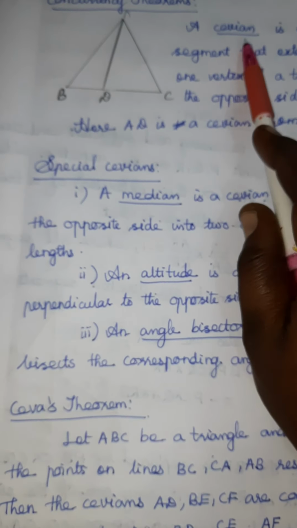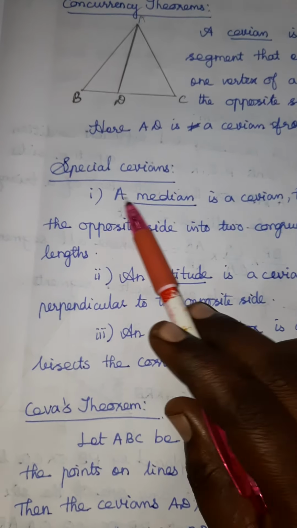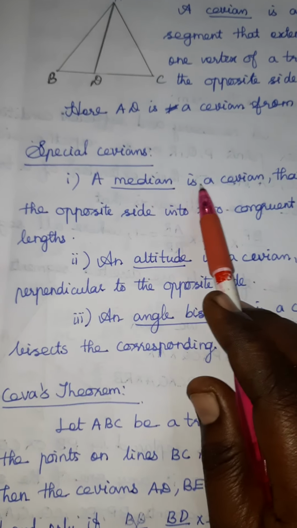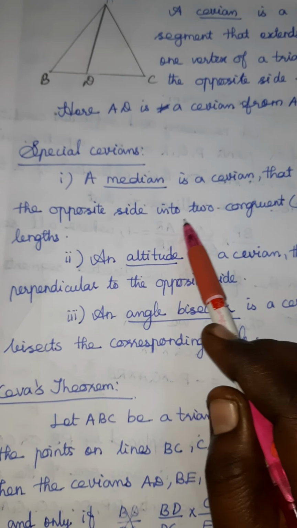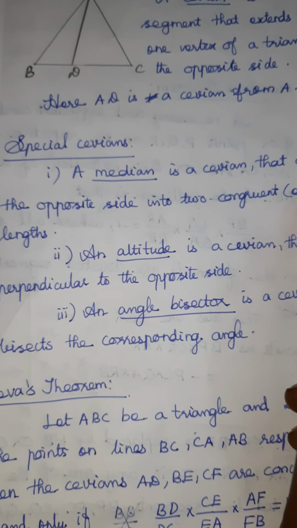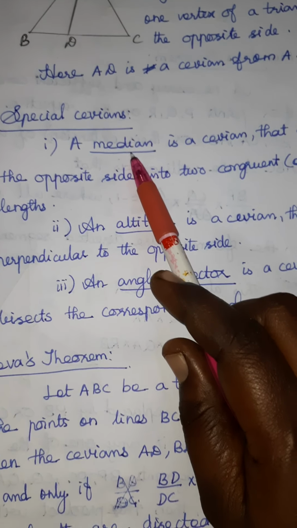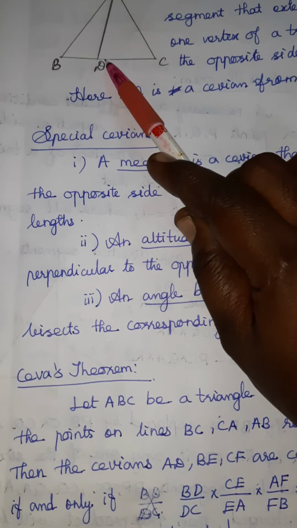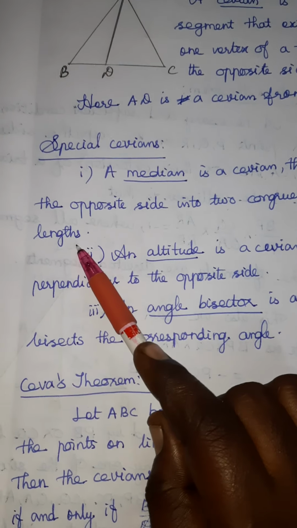Okay, Cevian is a mathematician's name. Here, see these special Cevians. A median is a Cevian that divides the opposite side into two congruent parts, means the median will divide it into equal lengths. It is also one of the lines from one vertex to the opposite side, but it will divide the opposite side into two equal parts.